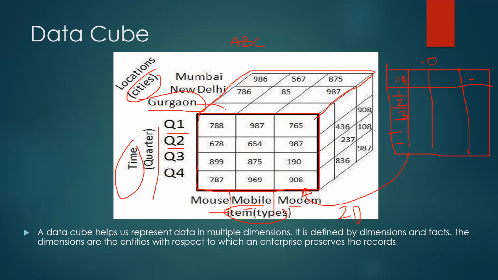This data that you see is for Gurgaon, which means that in Gurgaon, in quarter one, there were 788 sales of mouse. There were 987 sales of mobile in quarter one in Gurgaon. So in this table we have records with respect to time and item only.